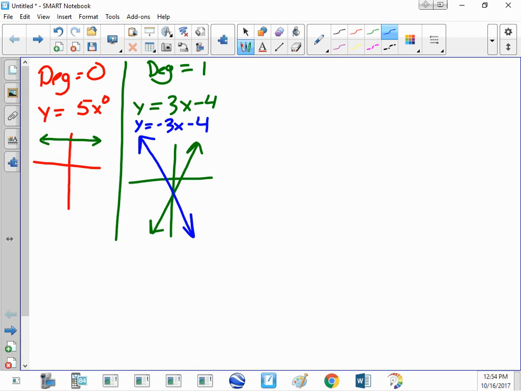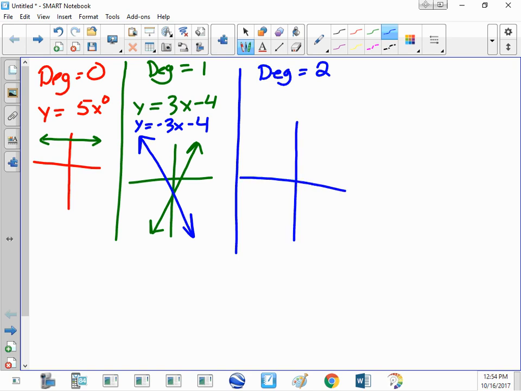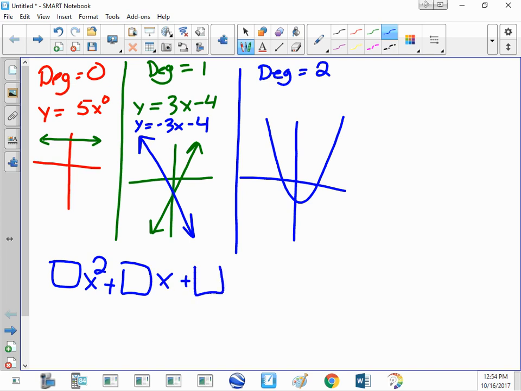Okay. What about a degree 2 polynomial? Any parabola. So what can parabolas look like? Well, it could be something x squared plus something x plus something, right?